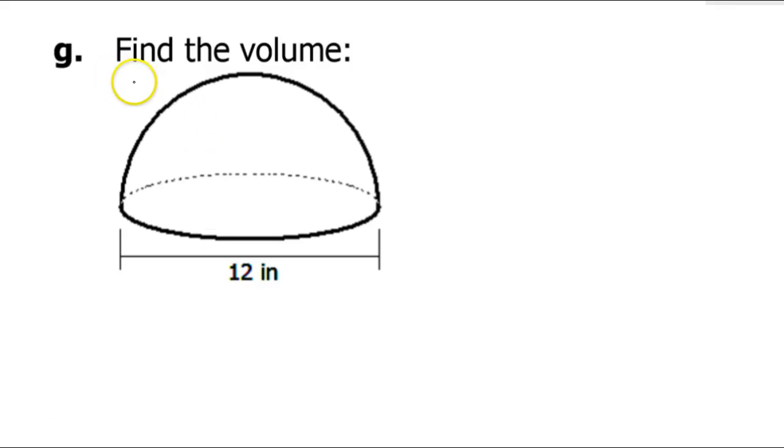All right, for part G, we have a hemisphere. Notice that the radius of the base would be 6. Keep that in mind. So the formula for the volume of a sphere is 4/3 pi r cubed.